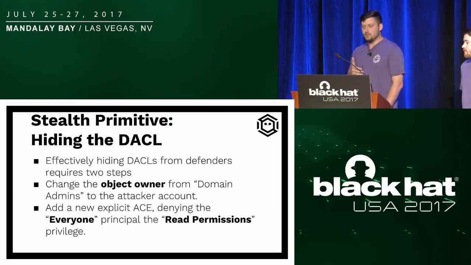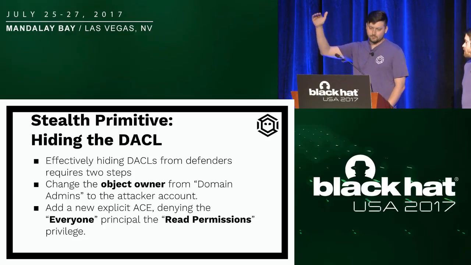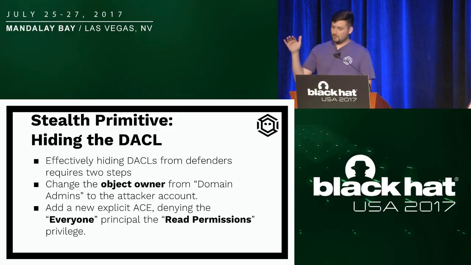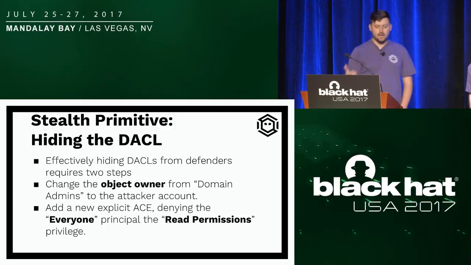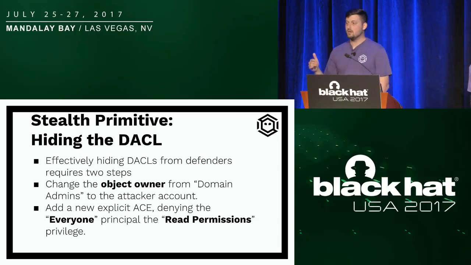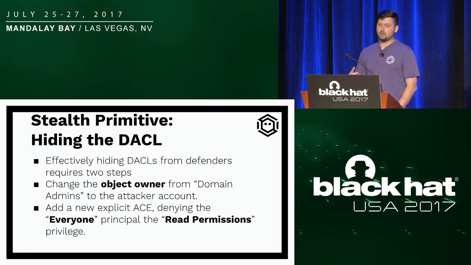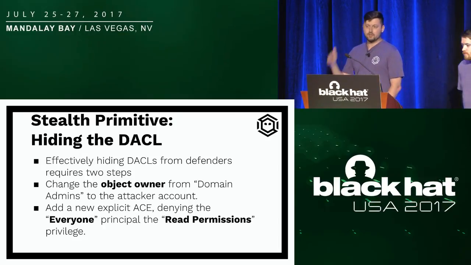Then I need to add a new explicit deny ACE, which is going to override everything else. Remember that SRM inheritance? Yep. For the everyone principal, I'm going to say they are denied read permissions. So now if you use AdACL scanner, or if you look in ADUC, you're not going to be able to even read the DACL on the affected object.